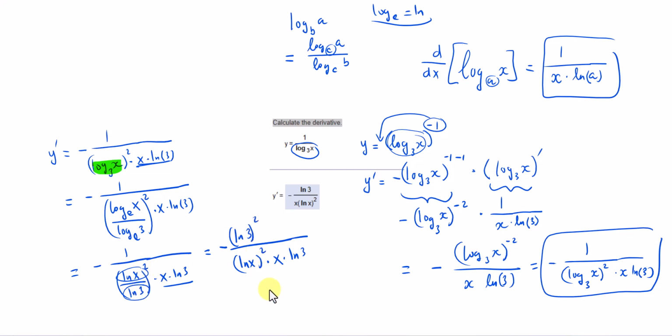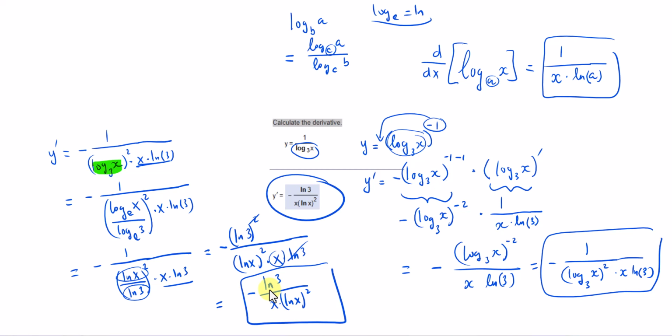Now the ln of 3 will cancel with one of the factors from the numerator, and that's why for the numerator you only have minus ln of 3 left up there, and at the bottom you have x multiplied by ln of x everything squared, and that is your final answer in this format. So the derivative should be minus ln of 3 over x multiplied by ln of x everything squared.